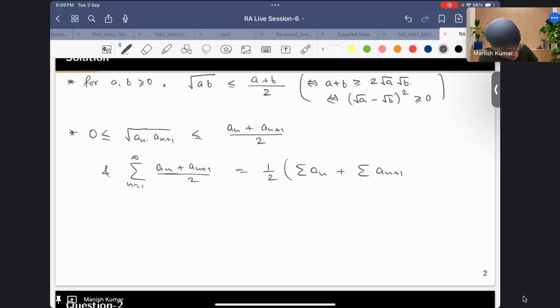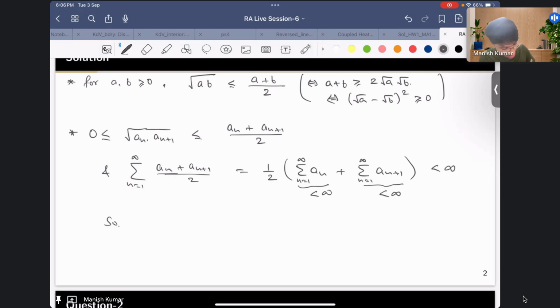plus summation from n equal to 2 to infinity of a_n, right? Now you know that this series is finite and this is finite, so this is finite.